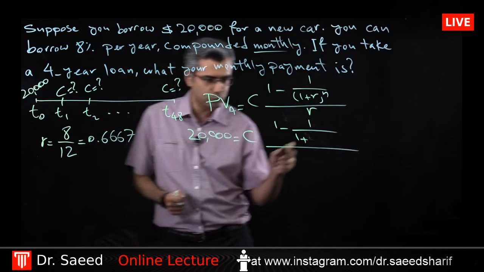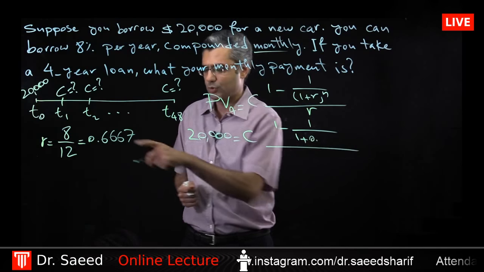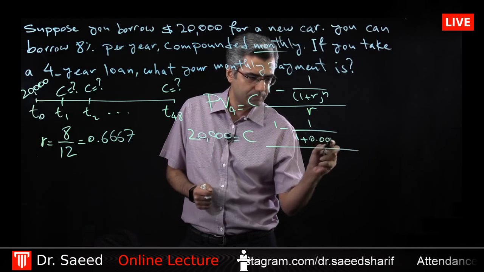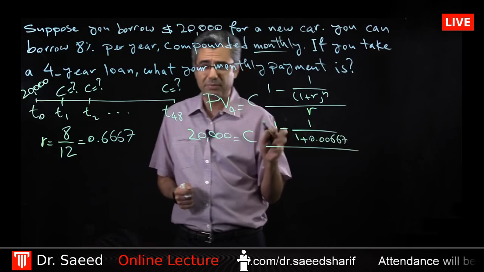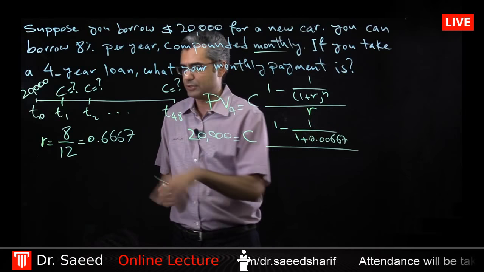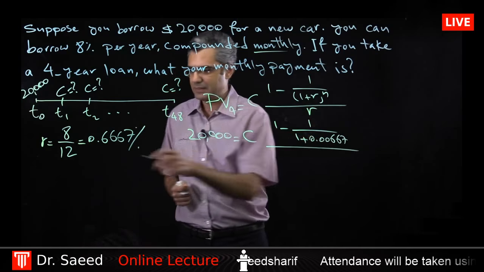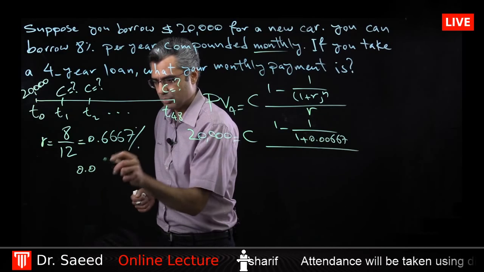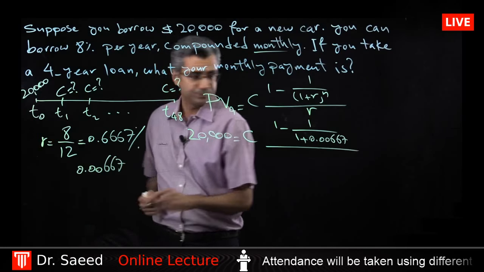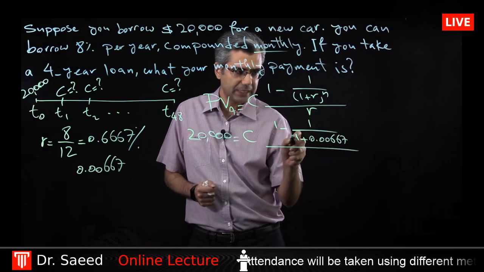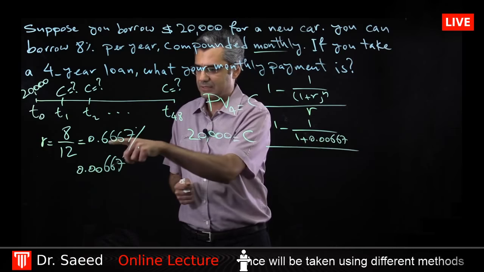So I need to write it in decimal point, because you remember in the formula you need to write in decimal points. So this is 0.666%. The percent means you need to divide it by 100, right? 0.00667. So I wrote the same here, and here I rounded it to 667. Yeah, here it is 6667. It's the same.